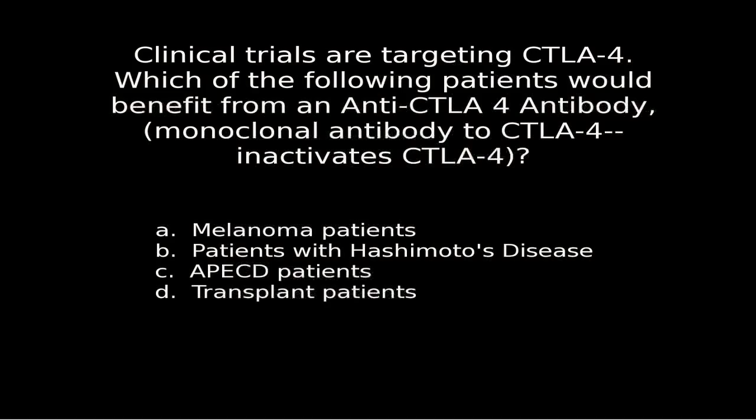Question number 2: clinical trials are targeting CTLA-4. Which of the following patients would benefit from an anti-CTLA-4 antibody? In other words, it's a monoclonal antibody to CTLA-4, so it inactivates CTLA-4.